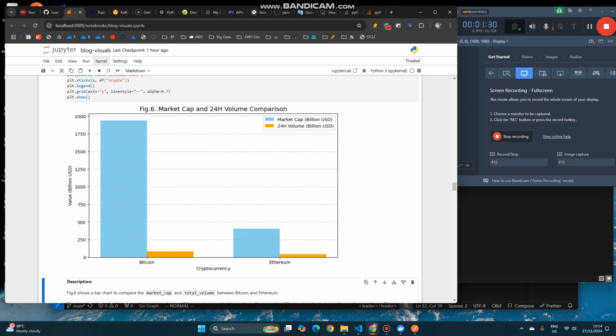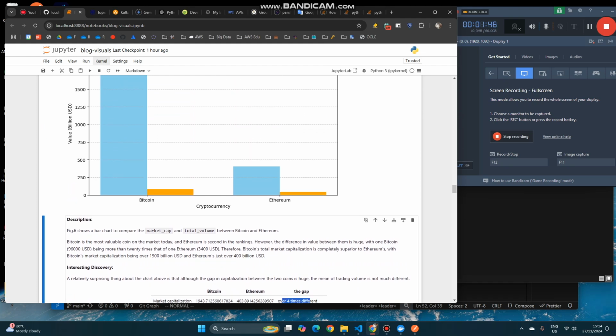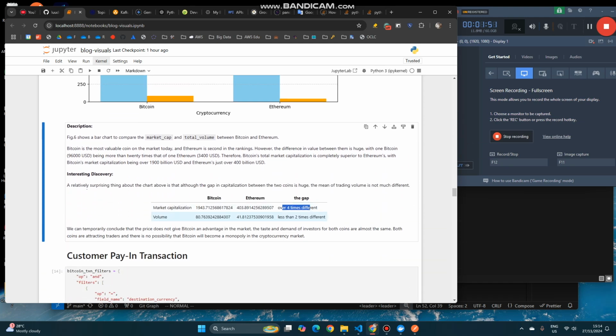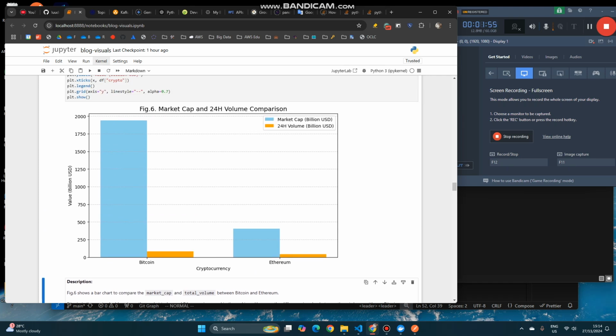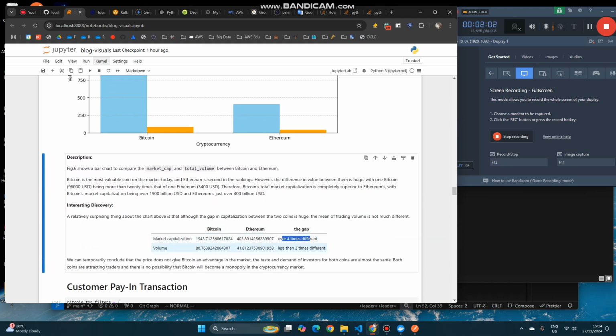The interesting thing I found is that the market capitalization between Bitcoin and Ethereum is 4 times different, but the trading volume between those two coins is not much different. It's less than 2 times different.